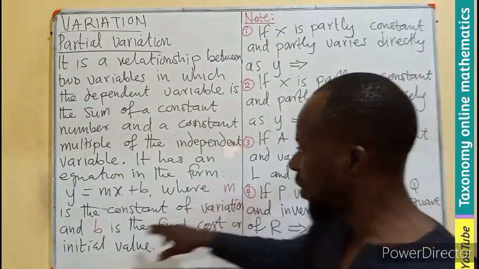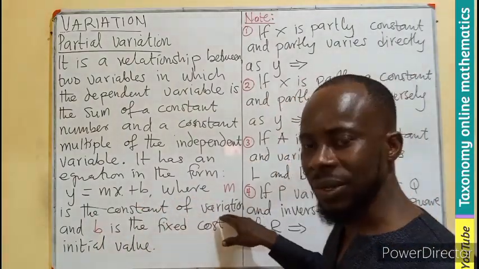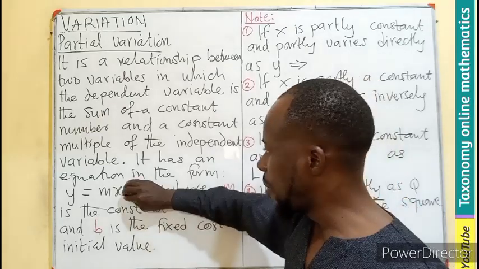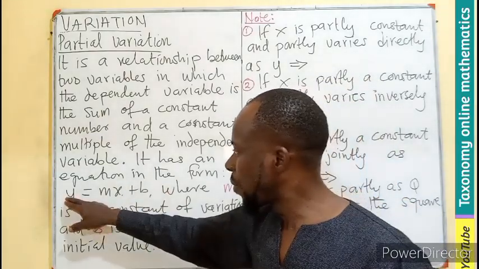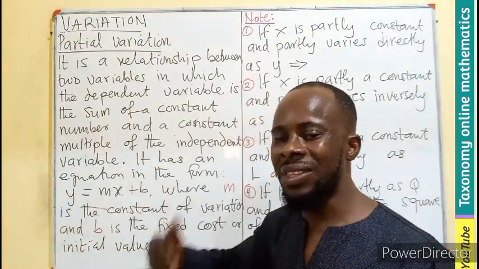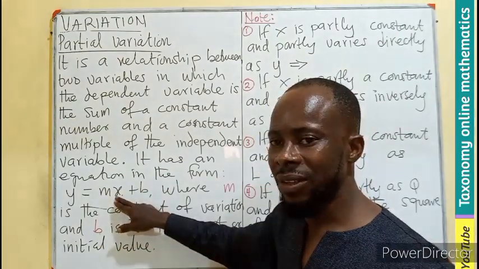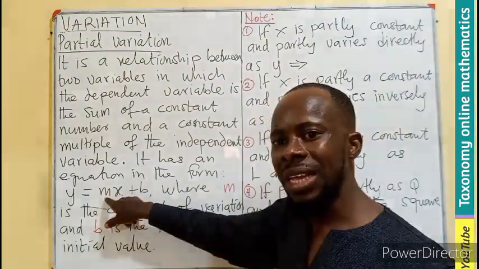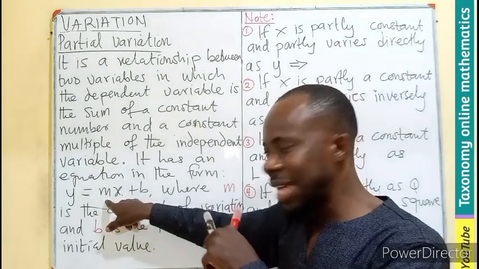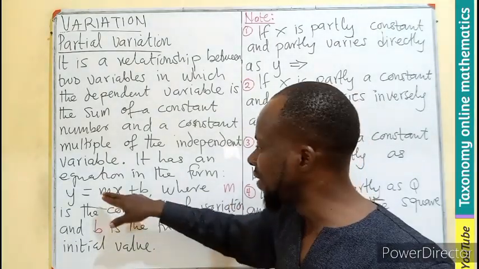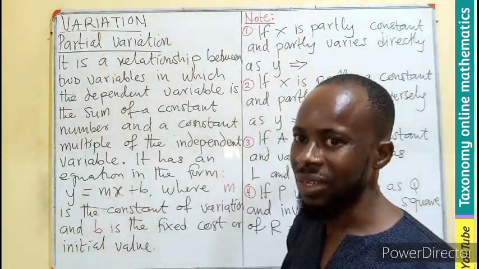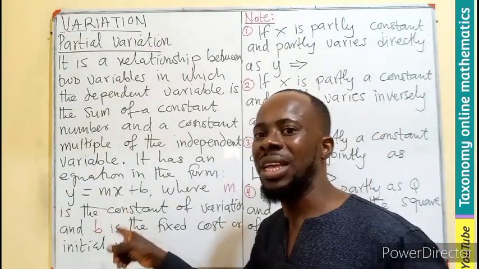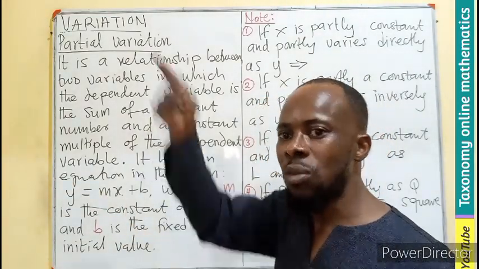Where m is the constant of variation, let's forget about this and say that y varies directly as x. You multiply the x by the k, which in this case is the m. So this is the constant of variation. If it is direct, it multiplies. If it is inverse, it will also multiply.